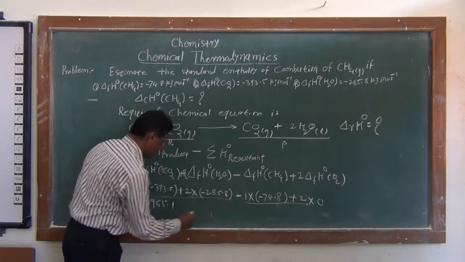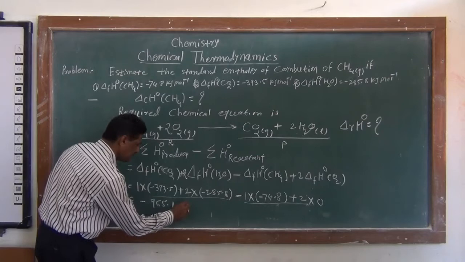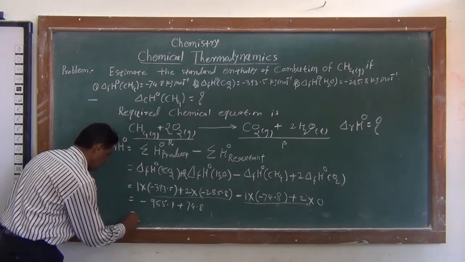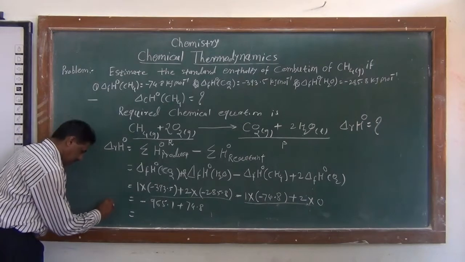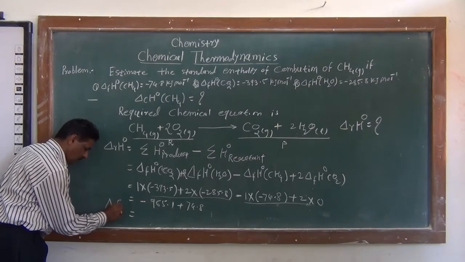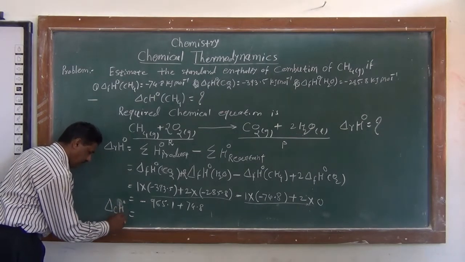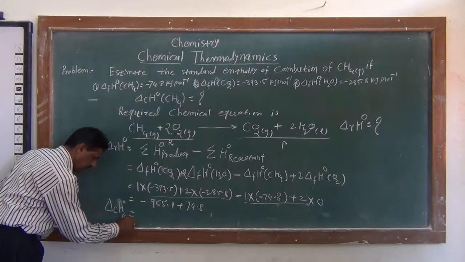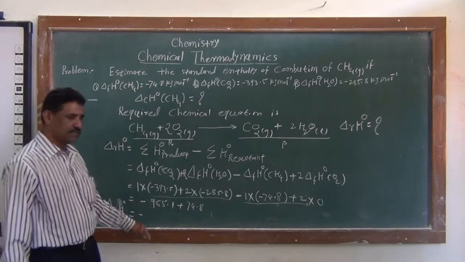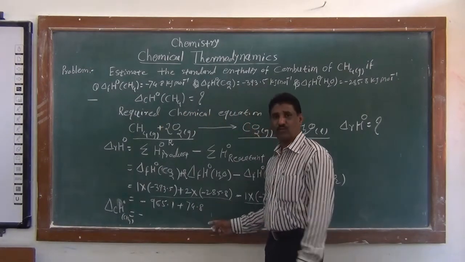Here minus minus plus, and the enthalpy of the reactant is 74.8, and here we get the standard enthalpy of combustion of methane is equal to minus 965.1 plus 74.8.